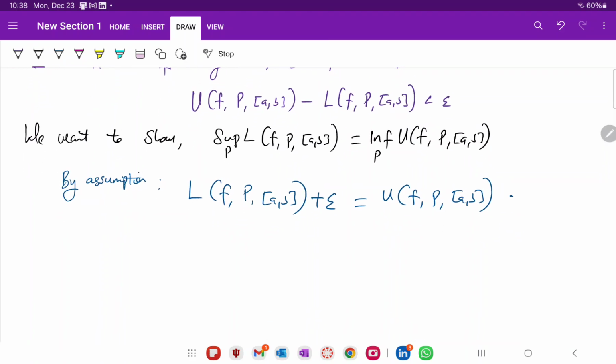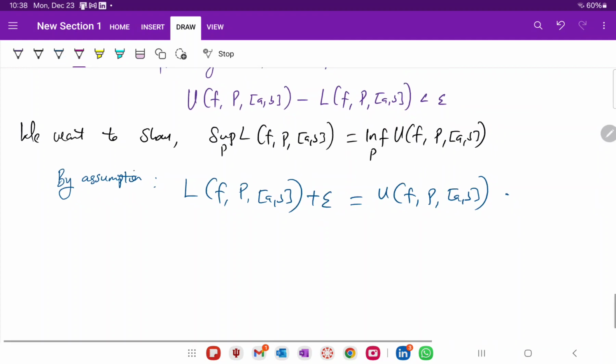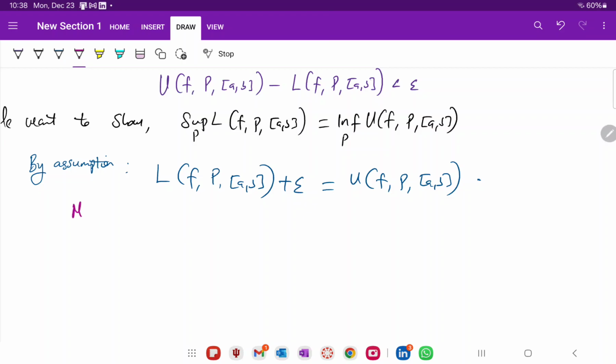Also note that the upper Riemann sum is greater than or equal to the infimum over P of U of f, P, on a, b, and these are the definitions of the upper Riemann sum.